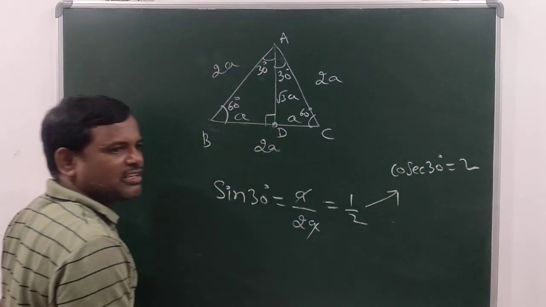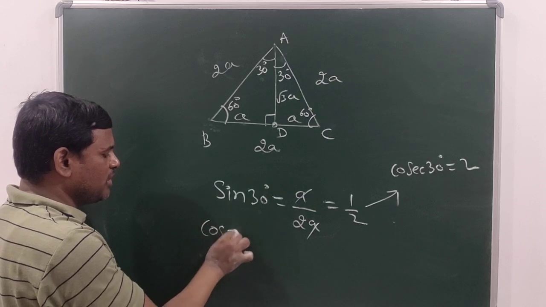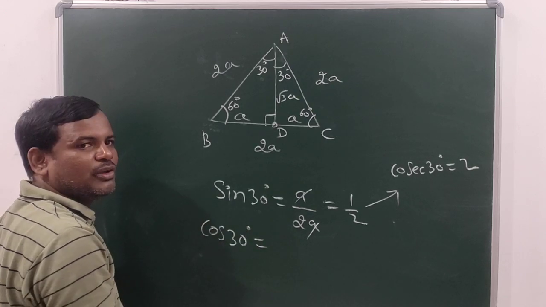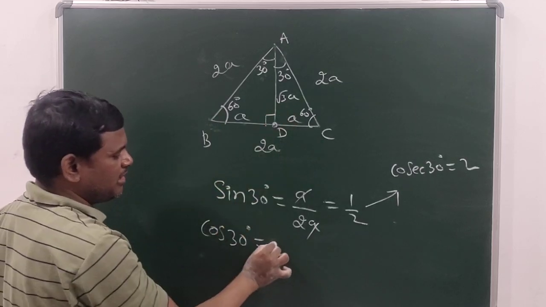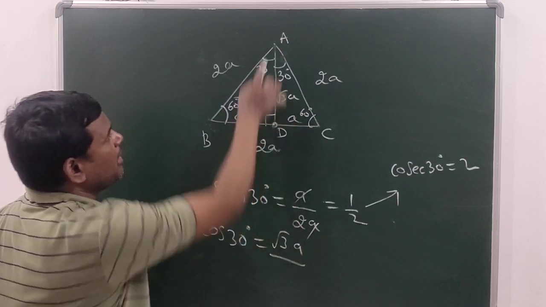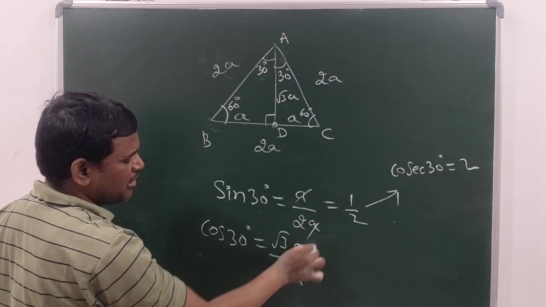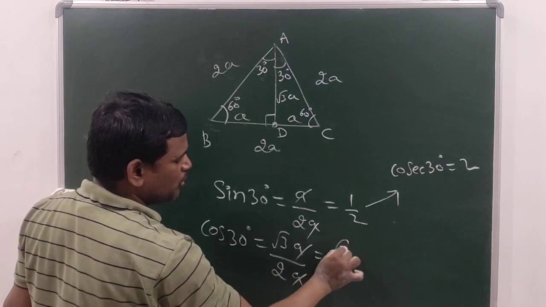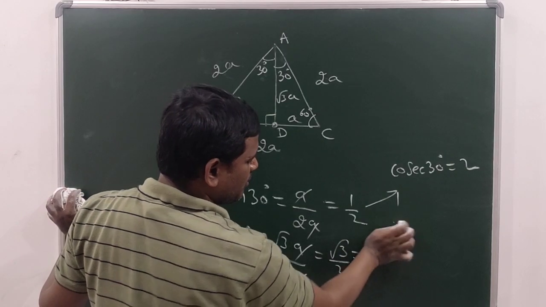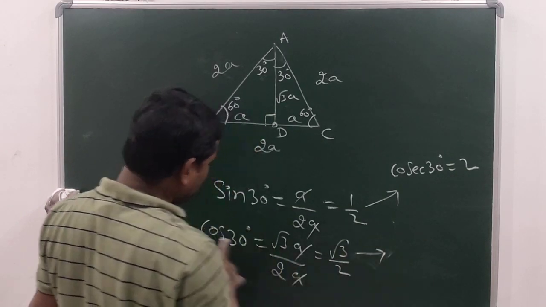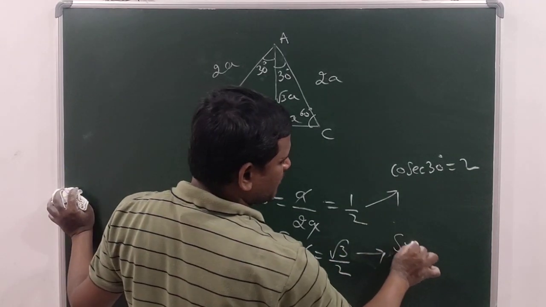Then whose reciprocal, cosec 30? 2 you will get. Similarly, suppose you require cos 30 degrees, what do you do? With respect to 30, the adjacent is root 3a and the hypotenuse is 2a. Now a cancelled, so root 3 by 2 is cos 30 degrees. The reciprocal of cos is secant.